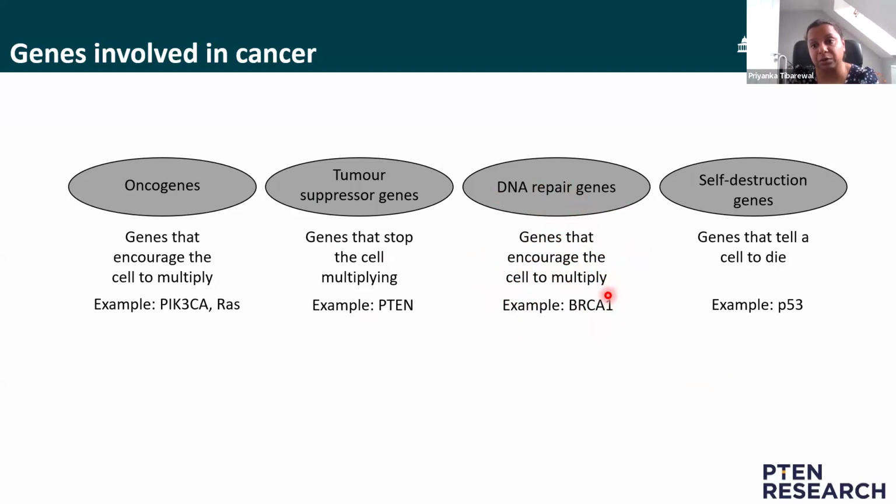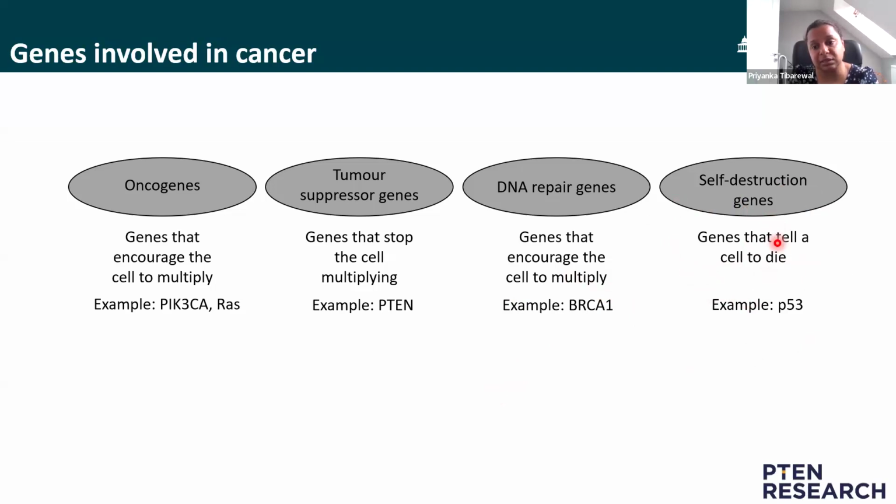So if you have a BRCA1 mutation, these errors keep accumulating, and therefore these patients have certain types of cancer, such as breast cancer. And then self-destruction genes: sometimes the cell cannot correct the error during DNA replication. So genes such as P53 basically instruct the cells that, okay, the error has not been corrected.